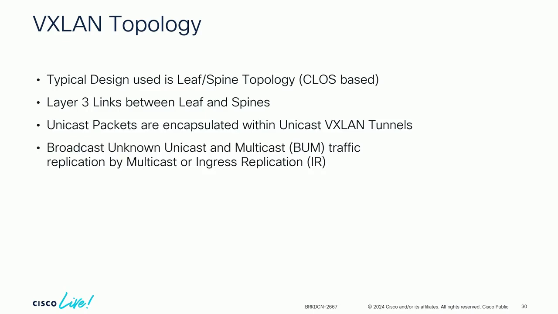And then there's also something known as the multi-destination service, or what we call the BUM service. Multicast, unknown unicast, and broadcast are either carried by multicast or they are carried by something known as ingress replication. And that's how the protocol actually carries the varying types of frames that we need to carry through the network.